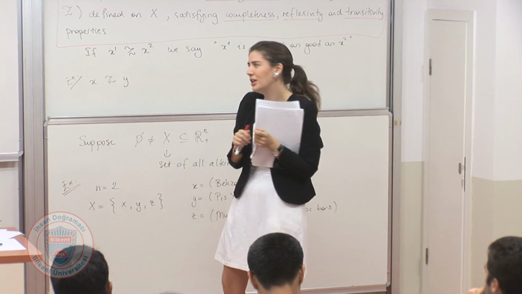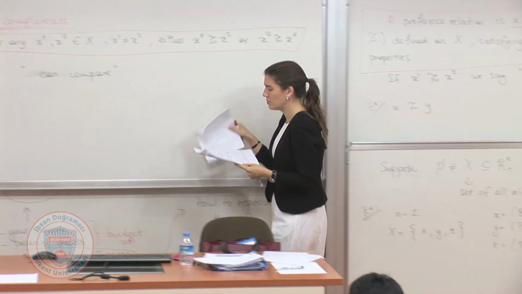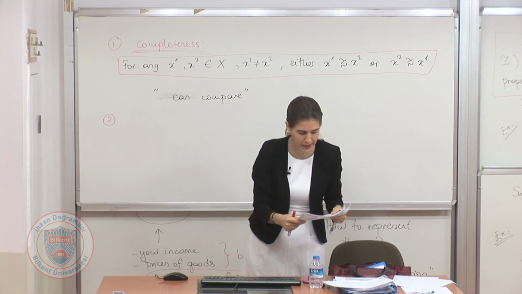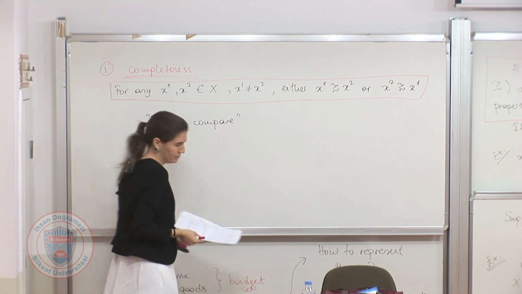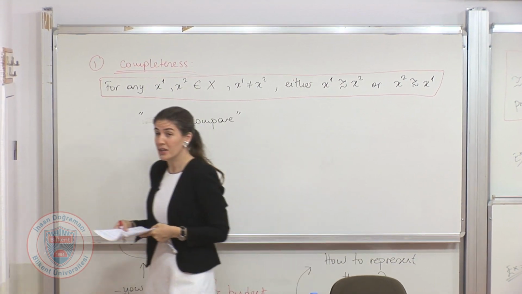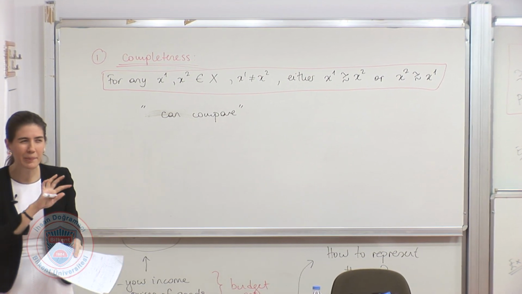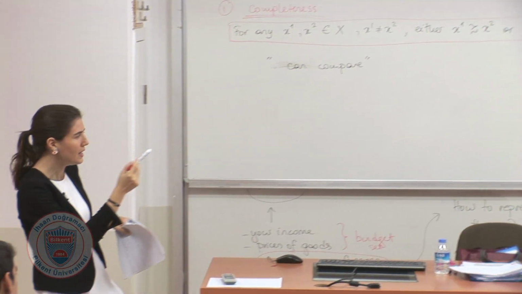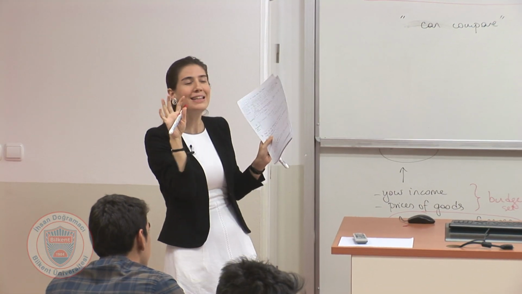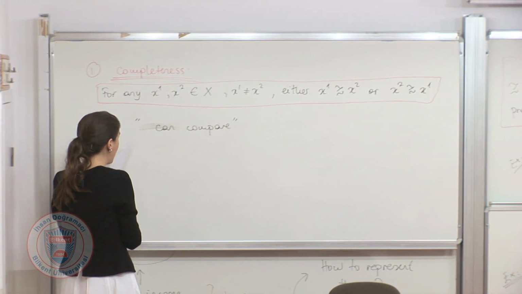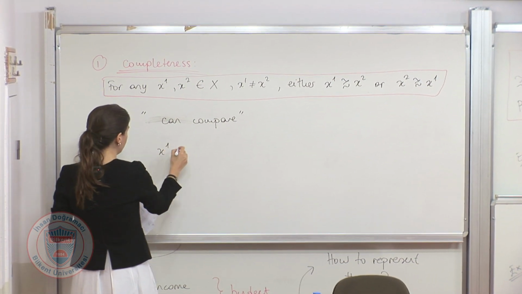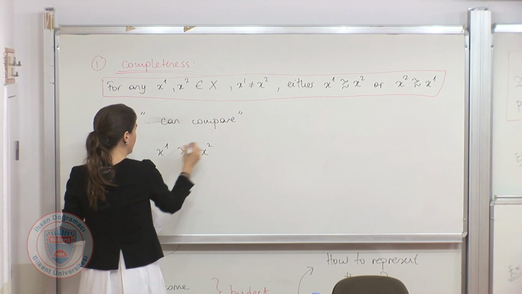So maybe this is a good time to make this remark. Your friend is right. Remember, I'm using this funny concept called at least as good as. What does that mean? We said x1 is at least as good as x2.